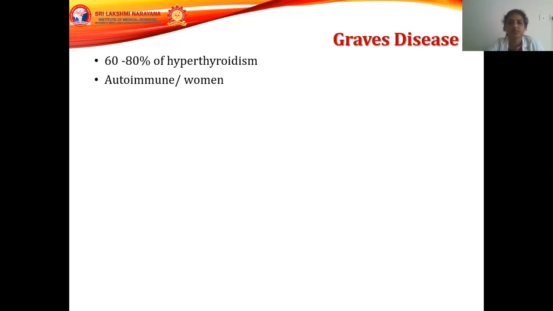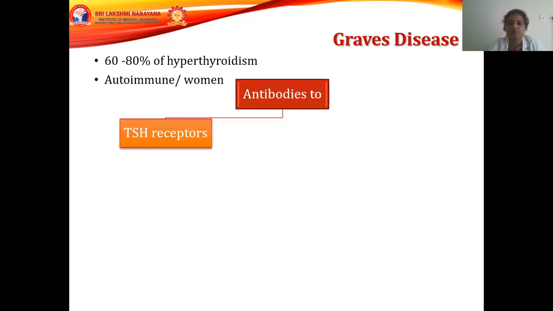So next is Graves' disease, and this is the major disease which causes hyperthyroidism. Around 60 to 80% of the individuals who have hyperthyroidism have Graves' disease. And this is once again an autoimmune disease, which is more commonly found in women. So here there are antibodies which are developed to the TSH receptors.